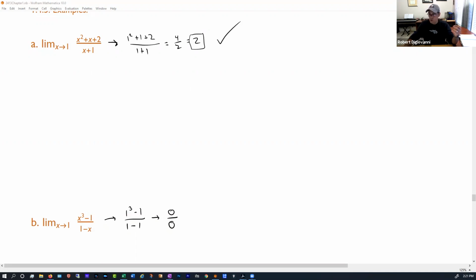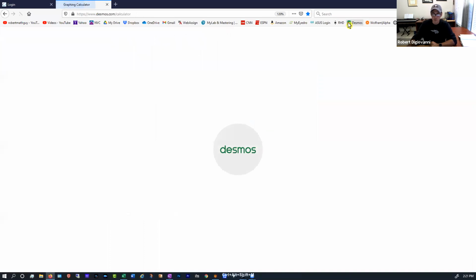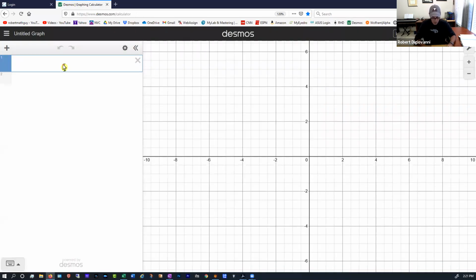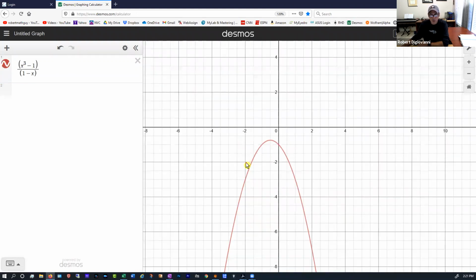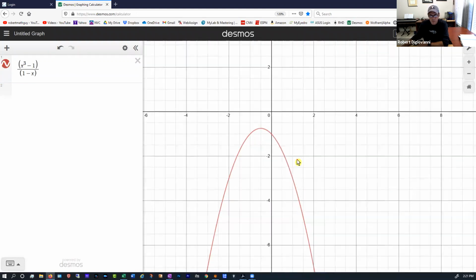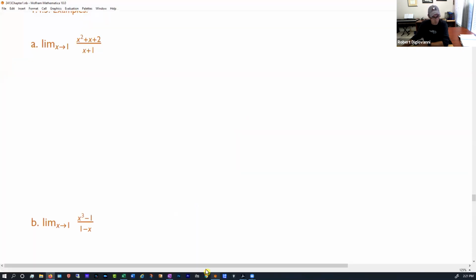So I'm going to show you now. I'm going to graph it for everyone so you can see it. I want everyone to see what that one looks like. X cubed minus 1 over 1 minus x. Okay, here's the graph. Now we were approaching which value? We were approaching 1, right?